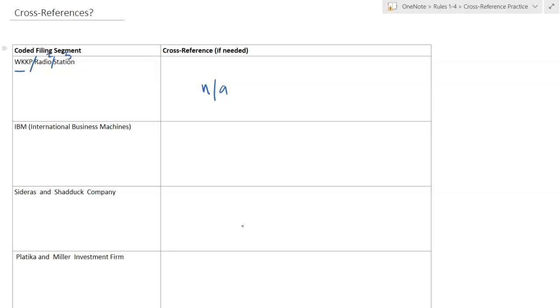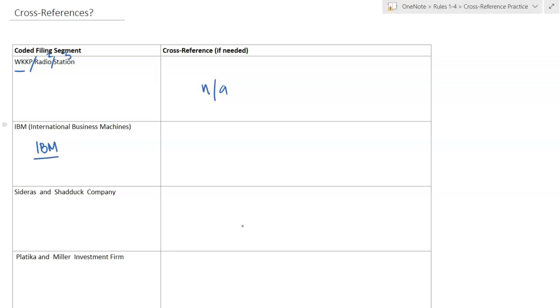Here we have IBM International Business Machines. In this case, we do have a business name in parentheses, which tells me that that's the other name for this business. So my original filing segment would be under IBM.